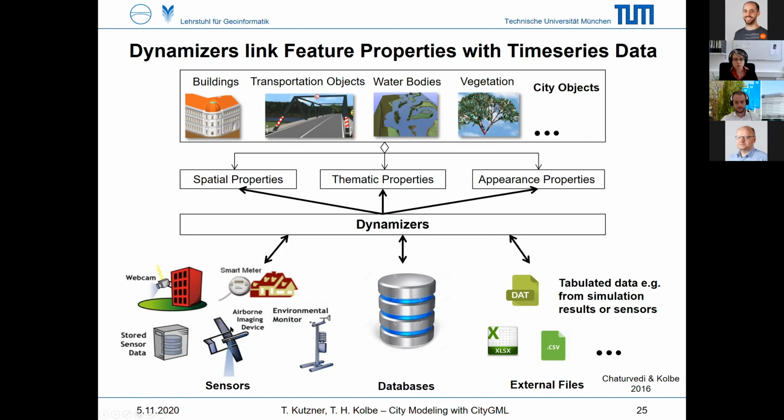And then at the bottom you have sensors, for example, a sensor attached to your building wall that measures the solar irradiation on the wall. And this sensor provides real-time data. You might also have results from sensor information or results from simulations stored in databases or external files.